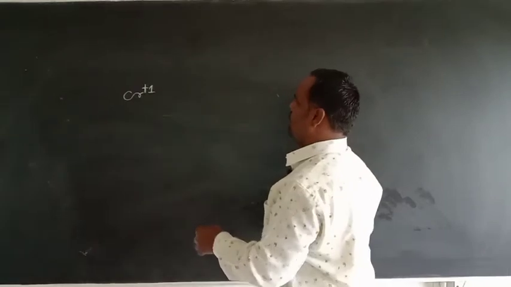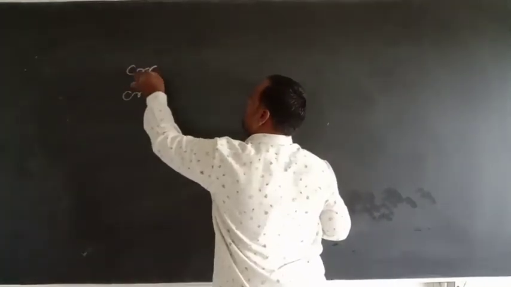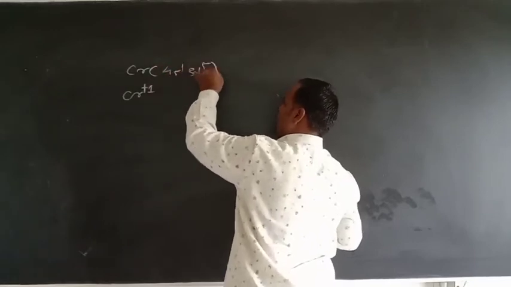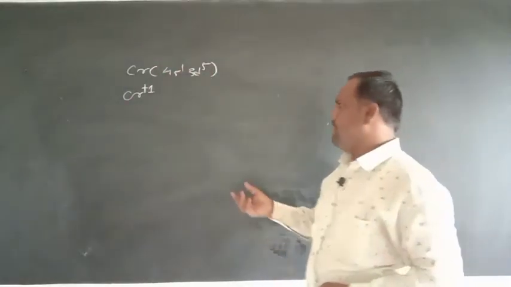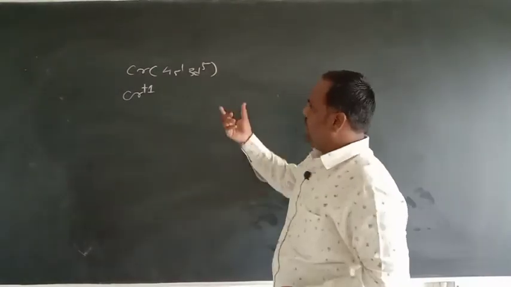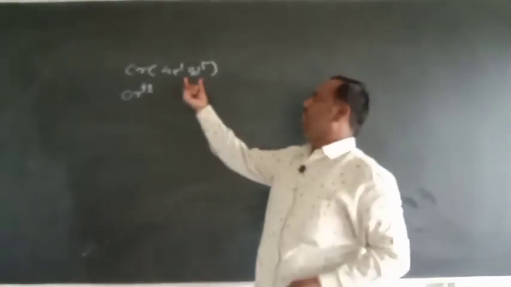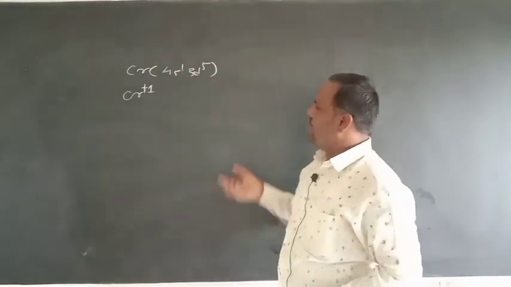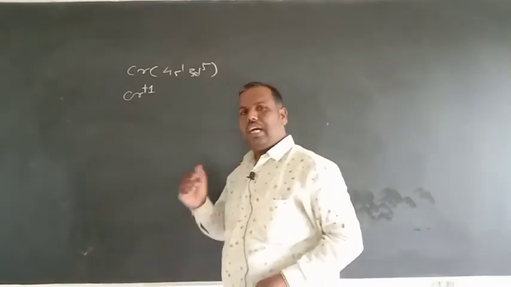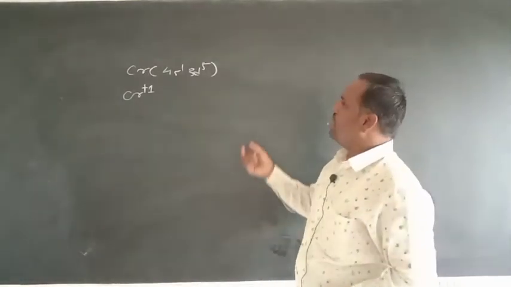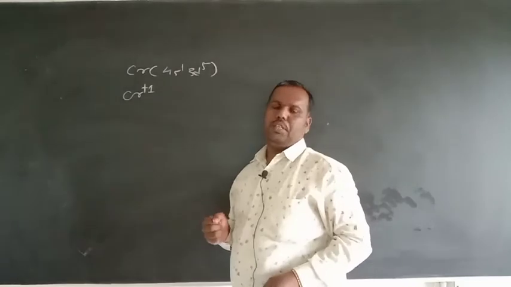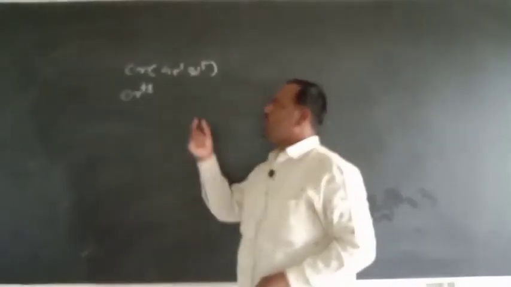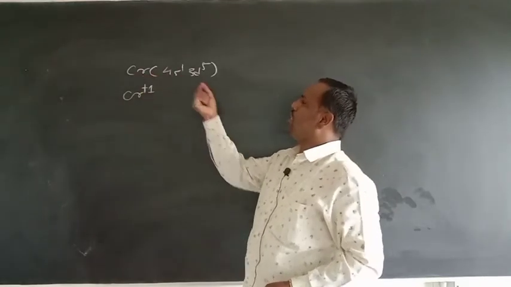We know that the valence configuration of chromium is 4s1 3d5. Chromium and copper show anomalous behavior to get extra stability, because the d orbital is half filled. When an orbital is completely empty, half filled or completely filled, it gives extra stability to the d orbital, therefore it shows the 4s1 3d5 configuration.